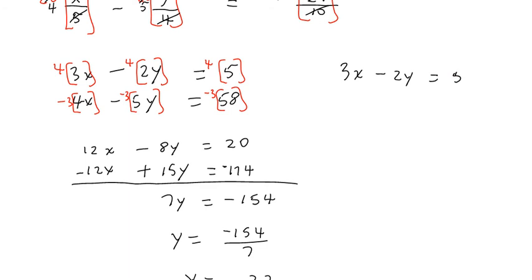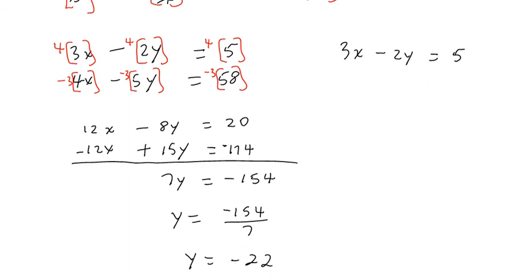So we're going to plug that negative 22 in place of y here to solve for x. So 3x minus 2 times a negative 22 is equal to 5. So 3x, and this is going to end up being plus 2 times 22, which is 44, is equal to 5.